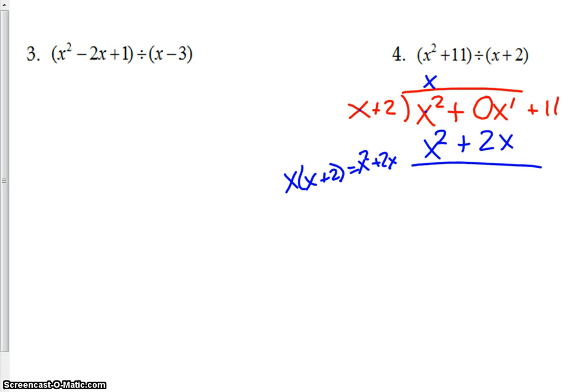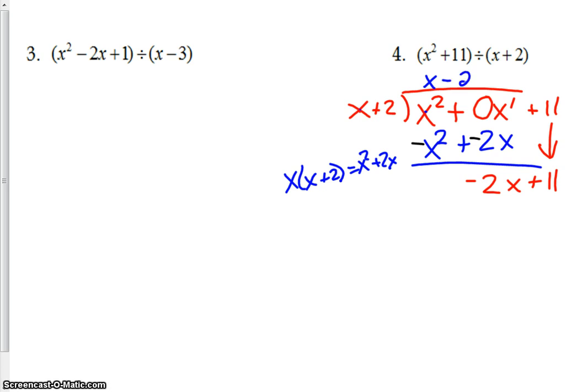Next part of this is I have to subtract both things. So I change this both into subtraction. So what I get for an answer here would be negative 2x to the first. I'm just going to write it as negative 2x. Bring down here my plus 11. And what do I have to multiply now this x by to get negative 2x?